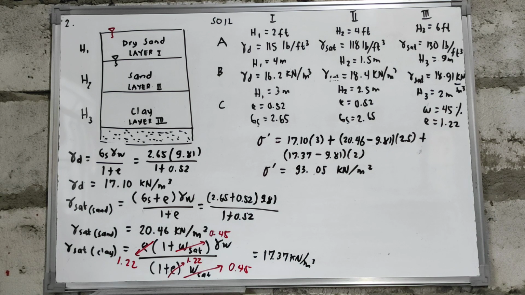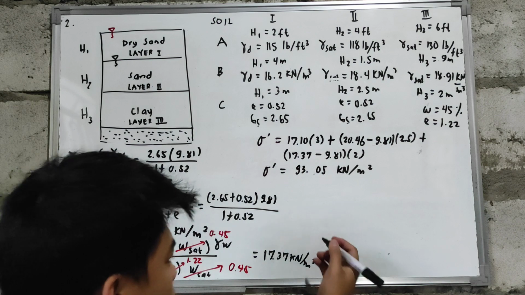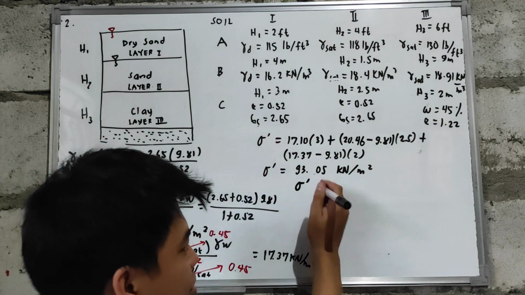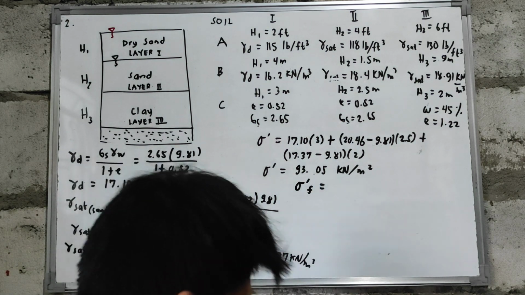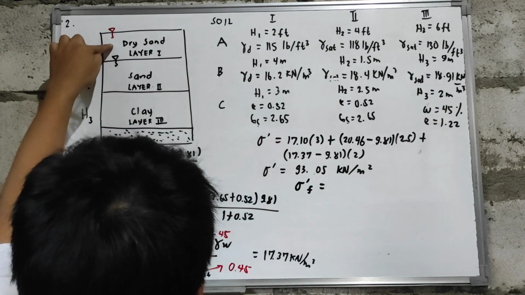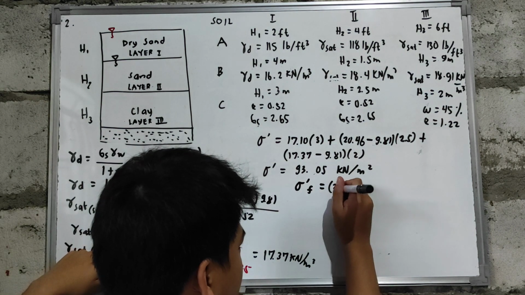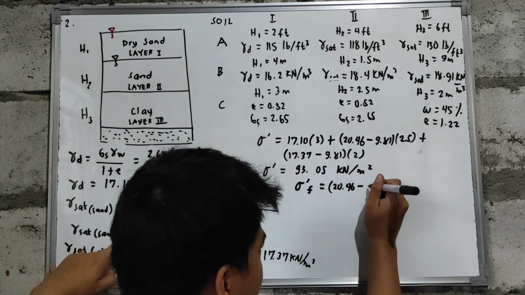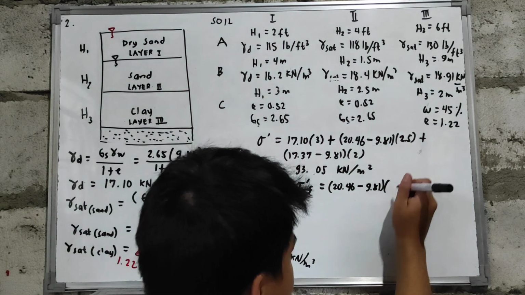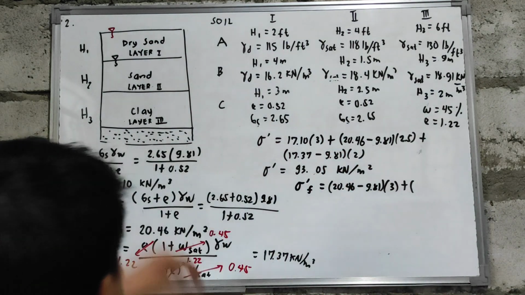So, let us calculate for the value of our new effective stress. Sabihin na natin effective stress final na lang. So, you will have, yung saturated unit weight natin dito, that will become 20.46. Aalisin natin yung tubig na 9.81 multiplied by the height of 3, plus 20.46.